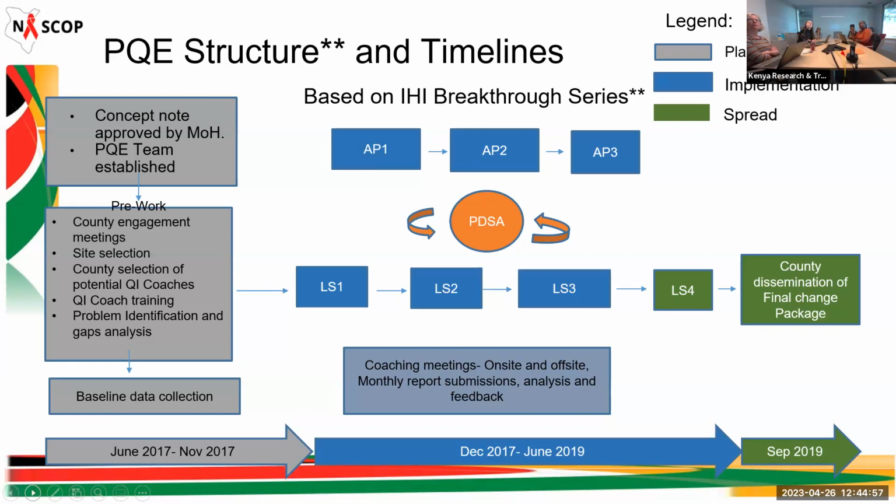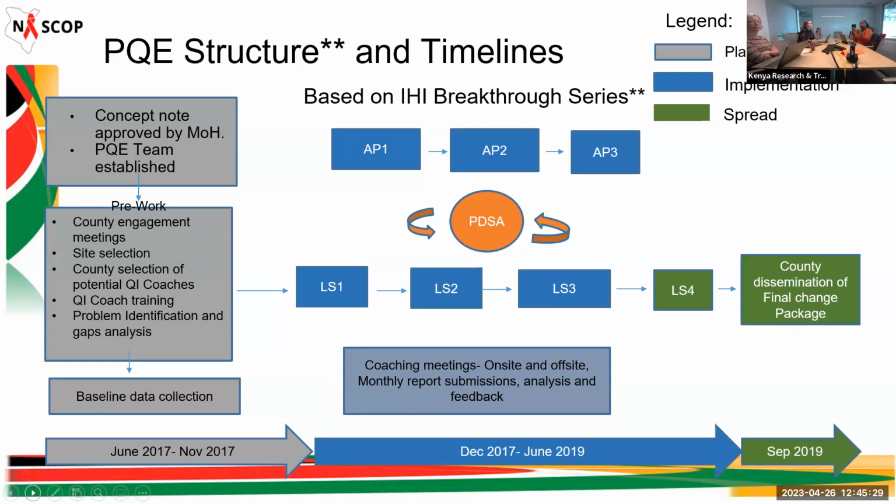And using the breakthrough series, we're able to stage ourselves to look into what was going on in 2 years by beginning with pre-work, just understanding exactly what we wanted to do, having approvals within the Ministry of Health, setting up a team, a core team at the national program. This team was, of course, tasked with many other things, but they were also mandated to support this particular work.